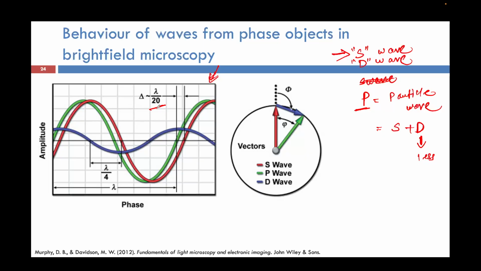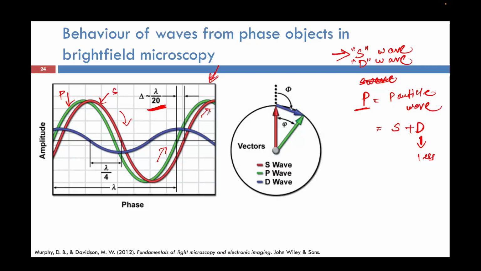Okay, that's what has been observed in bright field microscopy. And since the path difference is close to lambda by 20, you can see that this P wave, the green wave I am talking about, and the S wave, so this is S, this is P, the P wave almost follows a similar trajectory and has similar amplitude as the S wave. That means the resultant image that I am getting is similar to the undeviated ray, right?